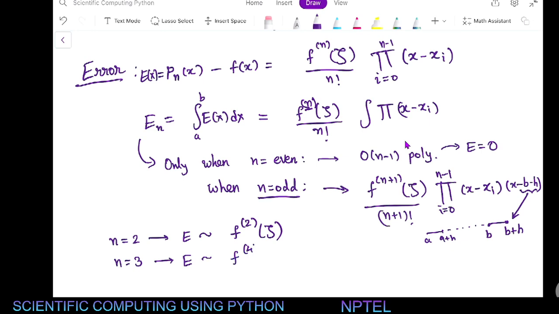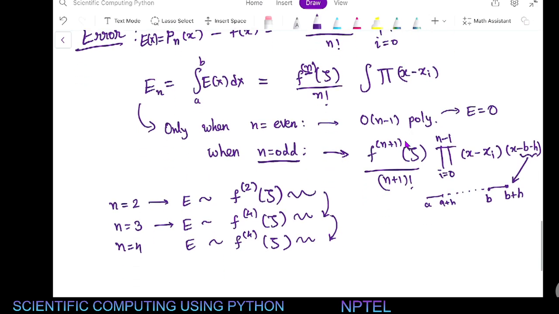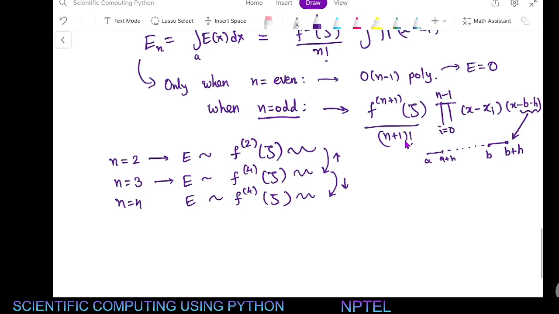So it will be f^(4)(zeta). And n equal to 4, again it will be f^(4)(zeta), right? Of course, there are factors here, but that's why you see high improvement from even to odd and less improvement from odd to even. Okay, so this is high, this is not so high.